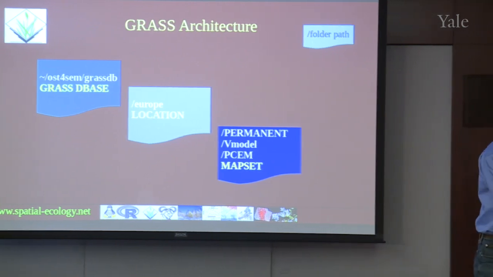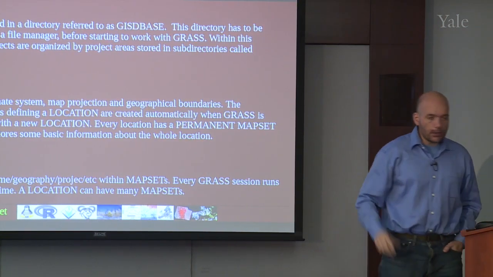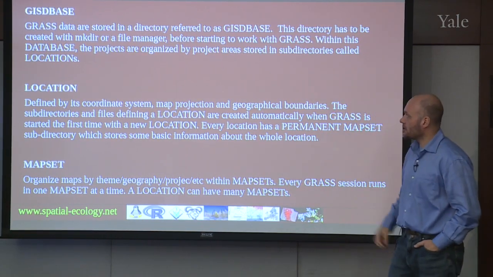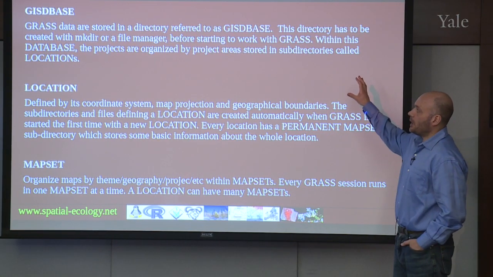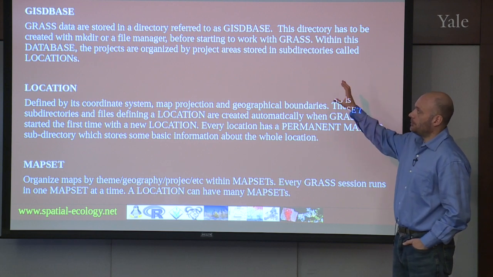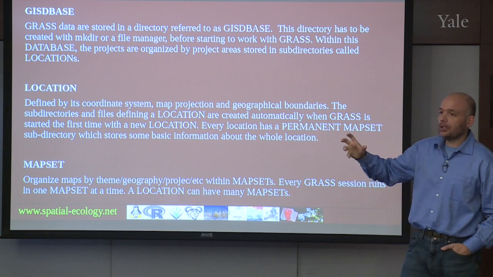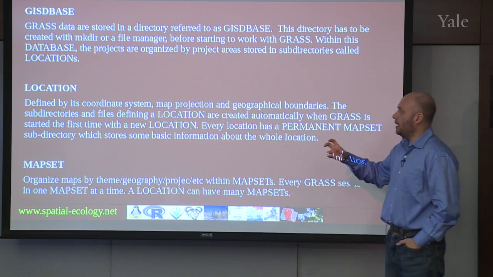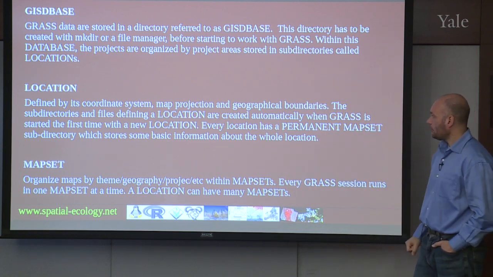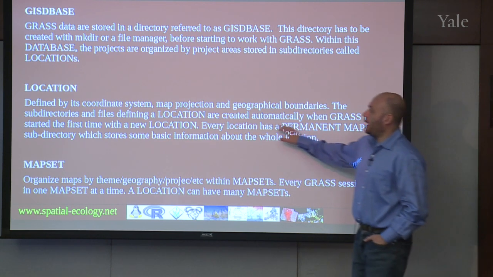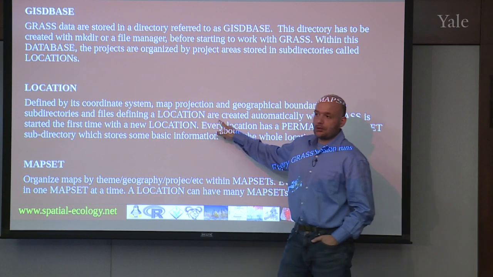So the difference between these 3 folders. The GIS database, we say, is just a completely empty directory in the beginning that is holding the different locations and map sets, okay? The locations are defined by coordinate system and map projection, okay?